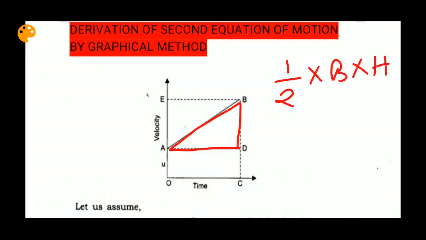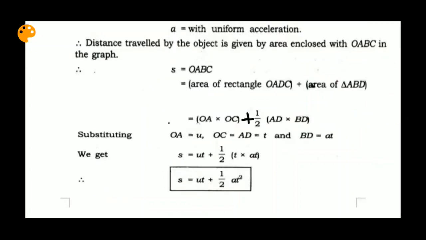Here the base is AD and the height is BD. So in place of base we will write AD and in place of height we will write BD. So this will be OA into OC, which is the area of the rectangle, plus 1/2 AD into BD, which is the area of triangle ABD.